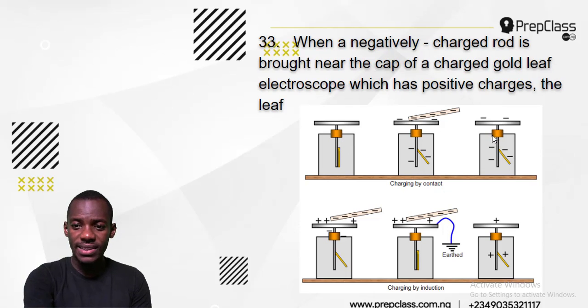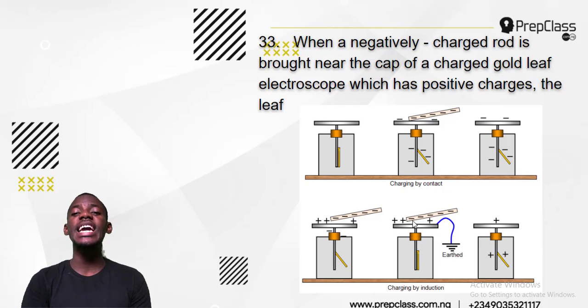This one is a positive gold leaf, but you are bringing a negative rod near it. What happened to the gold leaf? The gold leaf did not open. The gold leaf collapsed because the charges are not the same, and that is just it.